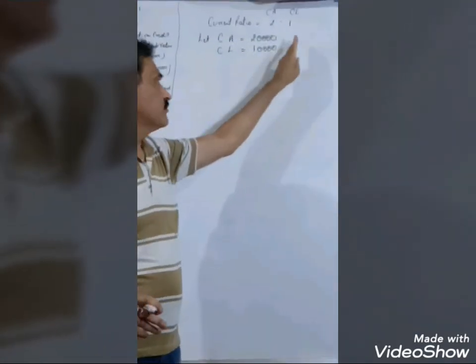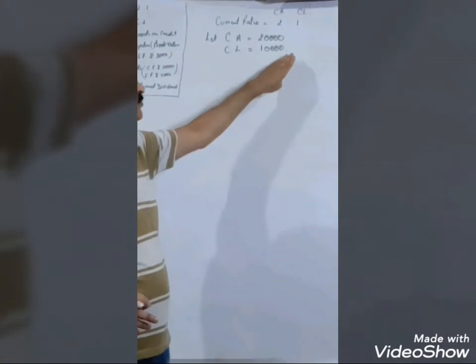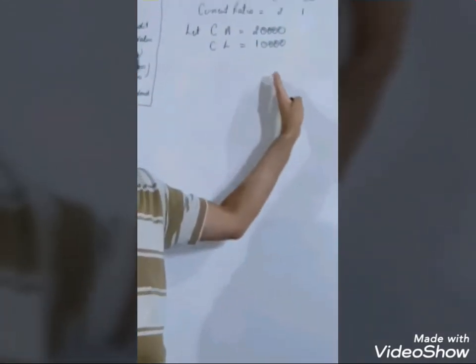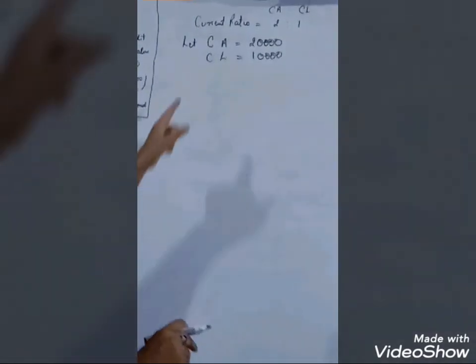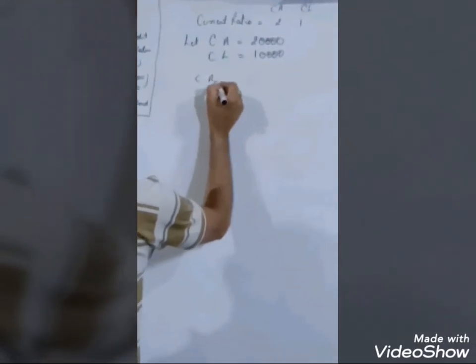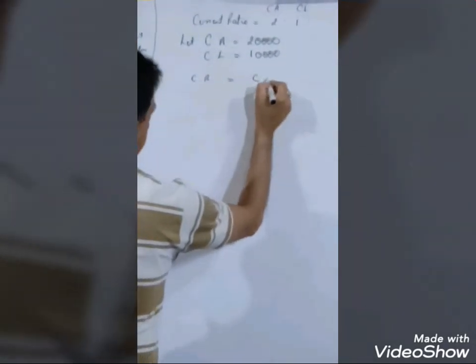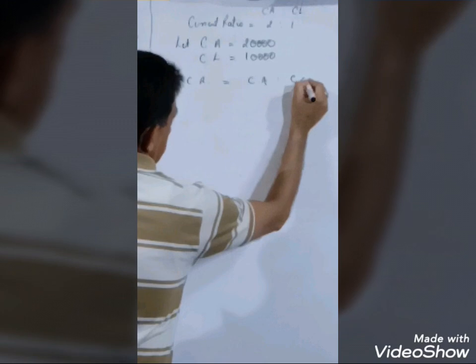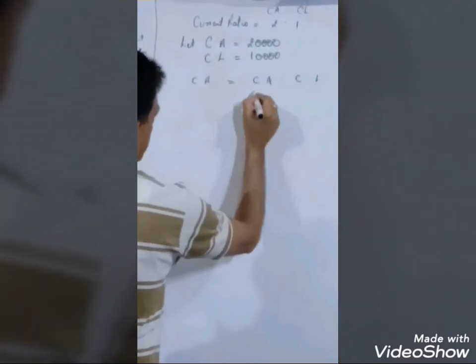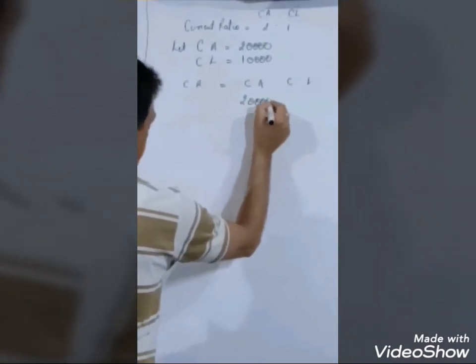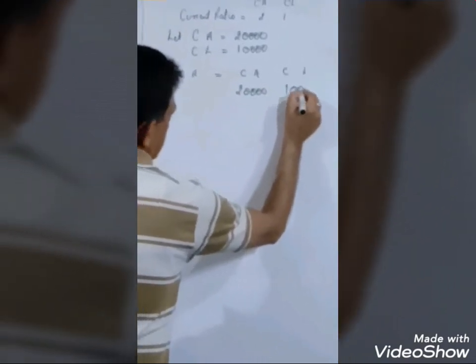On the basis of the given ratio, we have assumed current assets to be ₹20,000 and current liabilities ₹10,000. Current ratio is equal to current assets to current liabilities, that means 20,000 and 10,000.